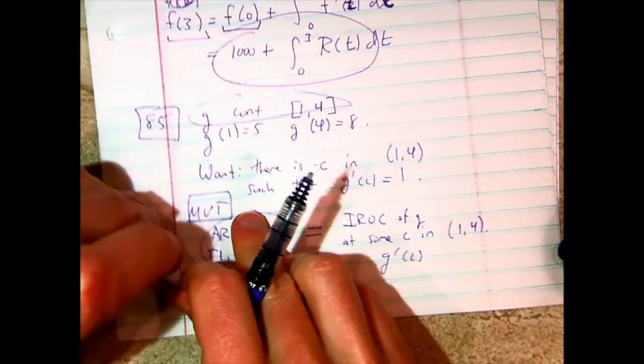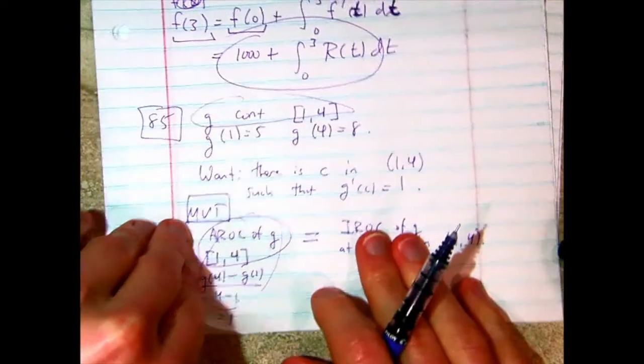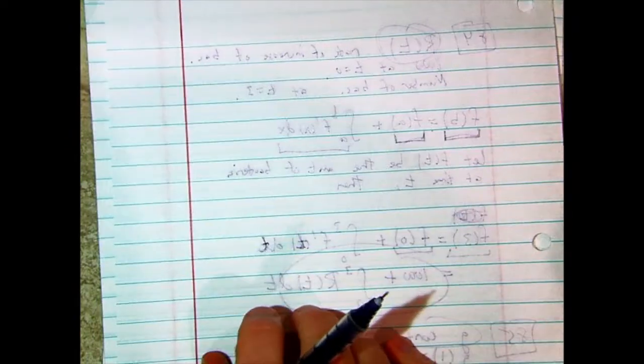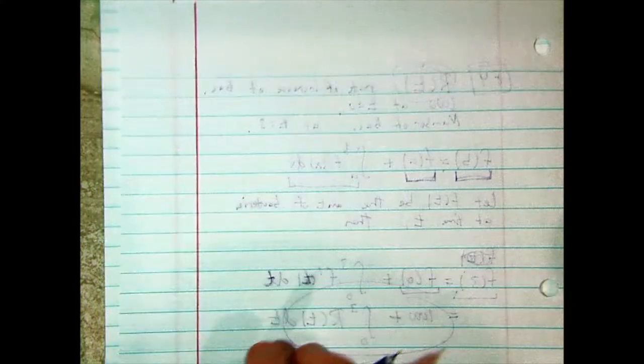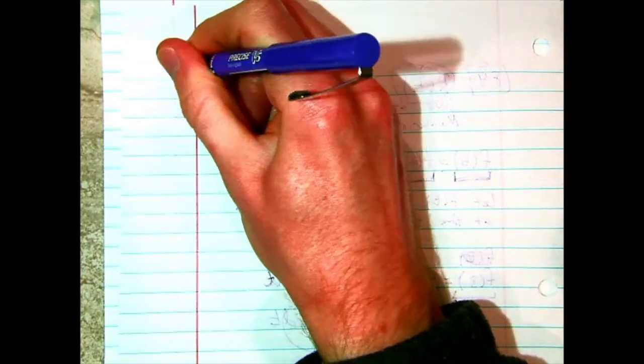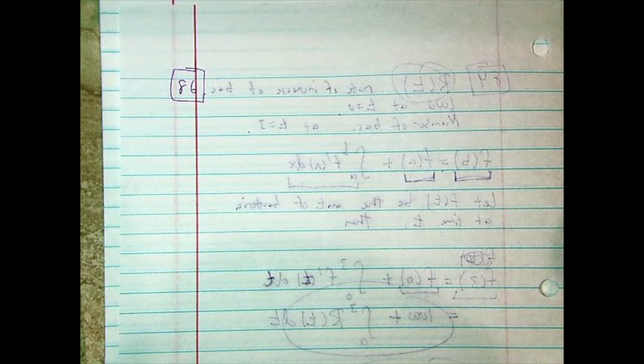So let's move on to 86. It says, the twice differentiable functions f, g, and h have second derivatives given above. Which of the functions f, g, and h have a graph with exactly 2 points of inflection?